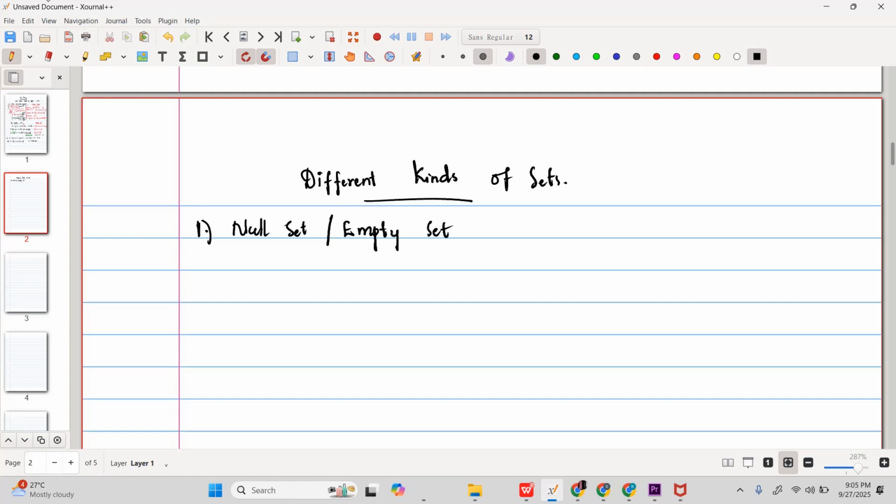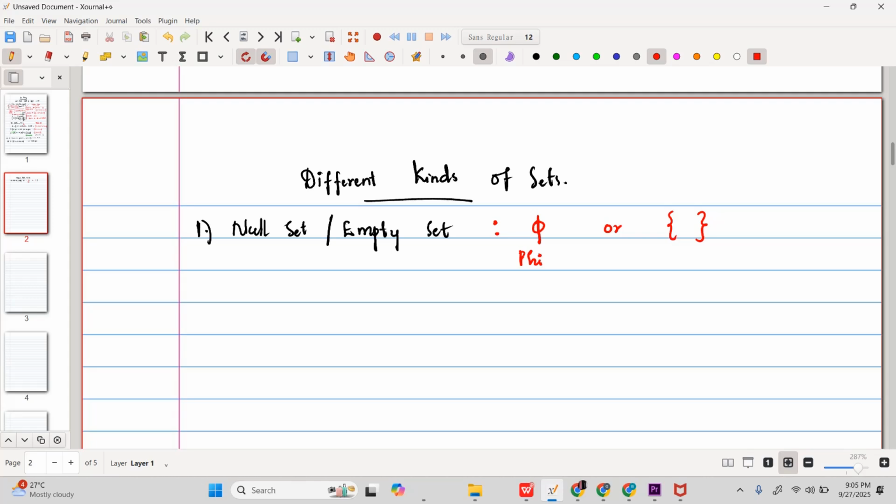The representation of the empty set or null set is either the Greek letter phi, or we can simply take it as a set with no elements. So this also represents the empty set or null set.